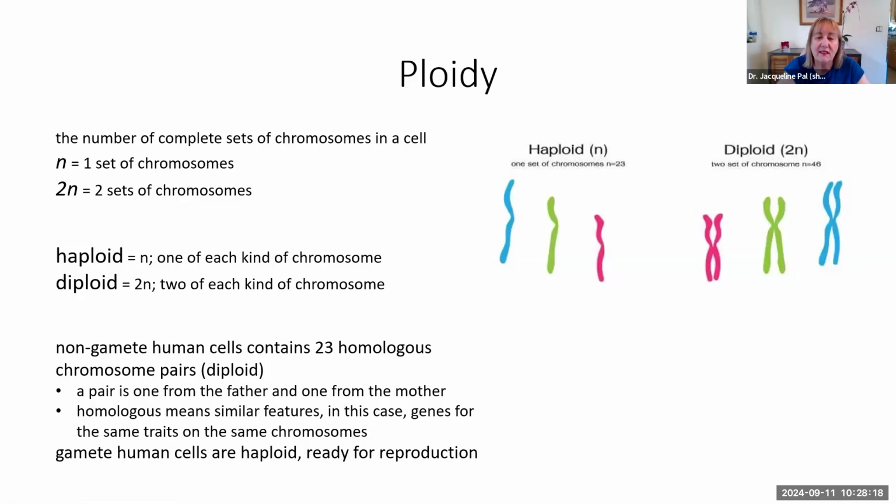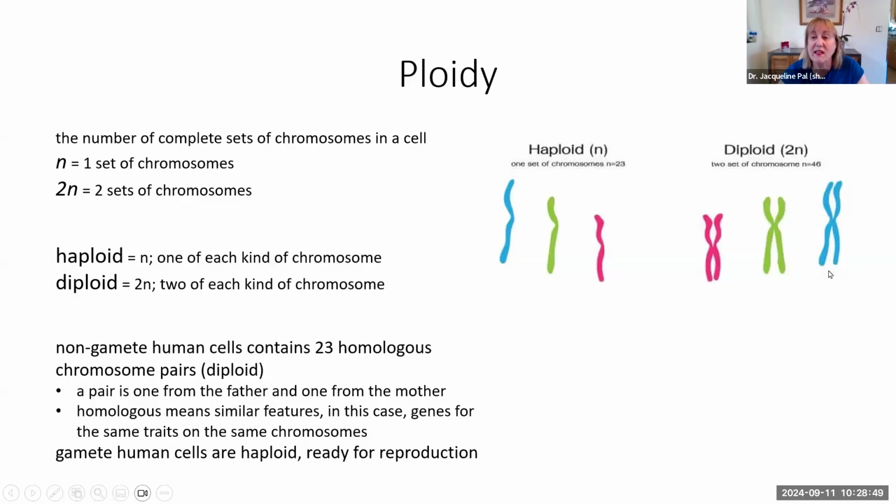Now, our gamete cells, in other words, the sperm from the males and what you may like to call the egg from the females. Okay, but we're not chickens. We don't lay eggs. We have oocytes from the females. These are our gametes. They are haploid. And the reason why they are haploid is so that the dad can contribute one and the mom can contribute one.